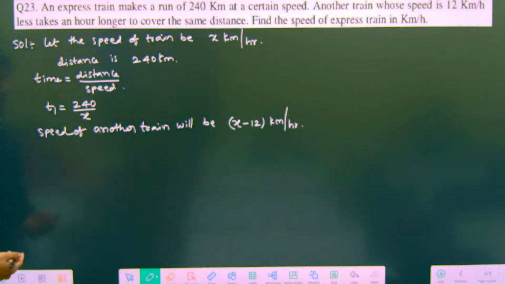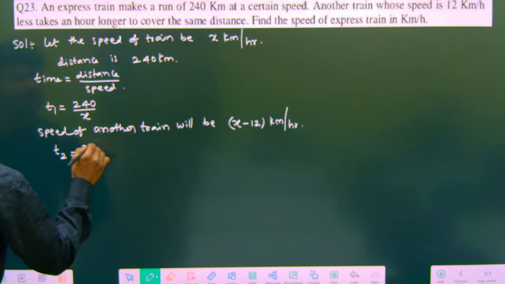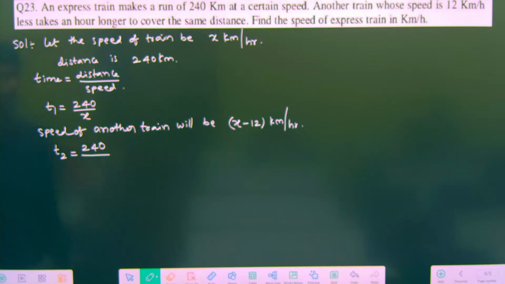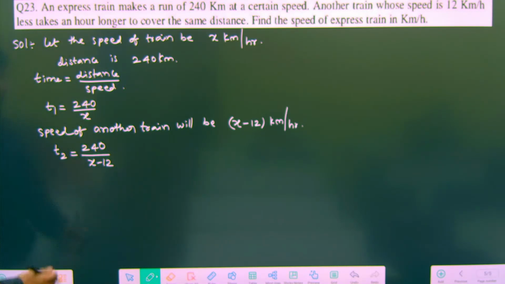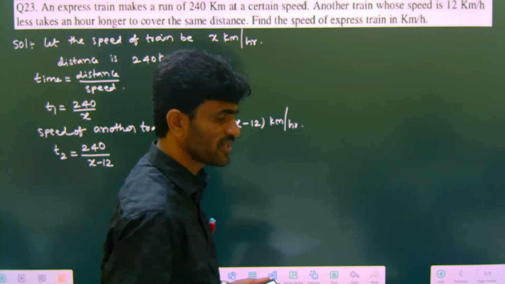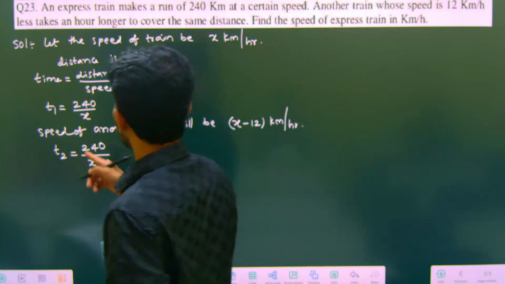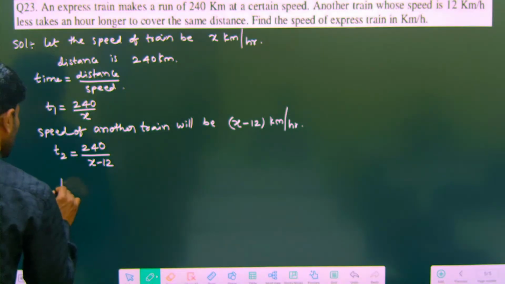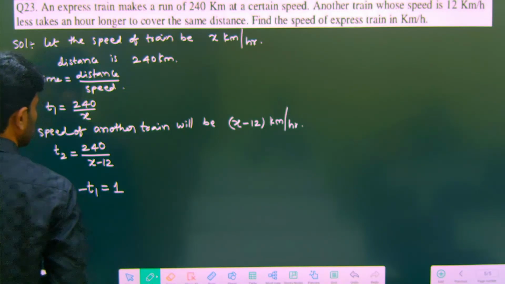But distance is same for both. So time T2 is equal to the same distance 240 over the speed, x minus 12. The second train's speed is 12 kilometers per hour less, so it is taking 1 hour more. So T2 is 1 hour more than T1, and the equation will be T2 minus T1 is equal to 1 hour.